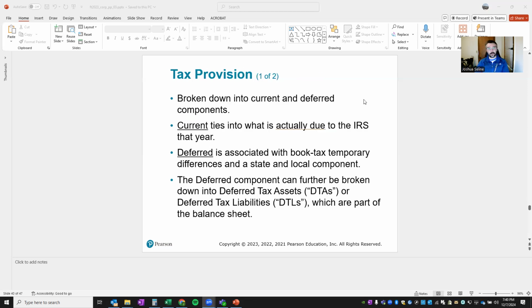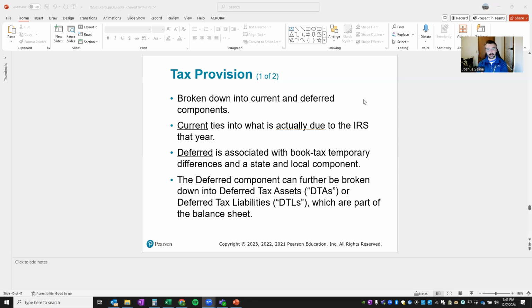Tax provision is broken down into current and deferred. Current ties into what is actually due to the IRS the year that you're preparing the return. Deferred is associated with your book tax temporary differences, and there's a state and local component. So there's going to be state and local taxes on it. For sure state, not necessarily local, and I guess if you're in a state that doesn't have income taxes, that is what deferred is referred to.